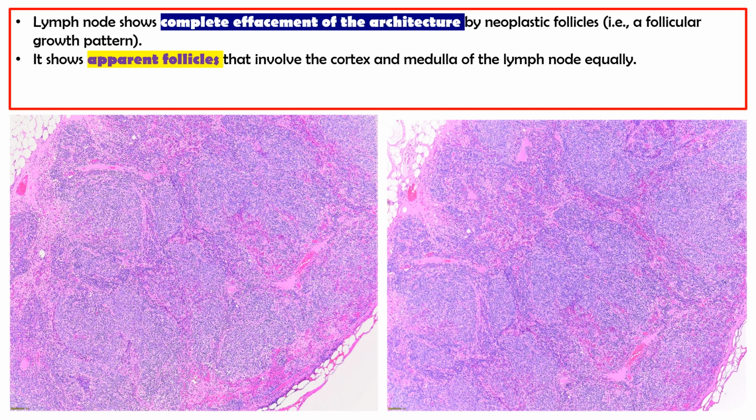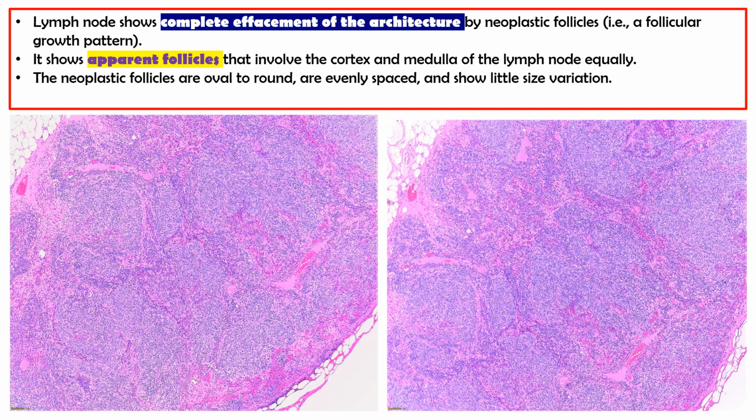It shows apparent follicles that involve the cortex and medulla of the lymph node equally. The neoplastic follicles are oval to round, evenly spaced, and show little size variation.